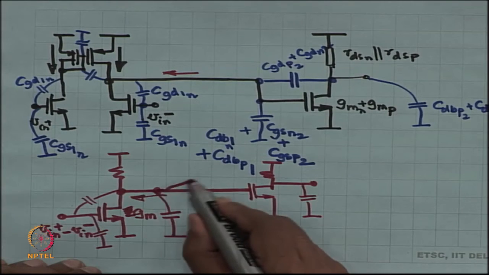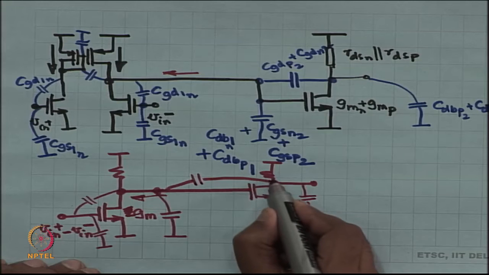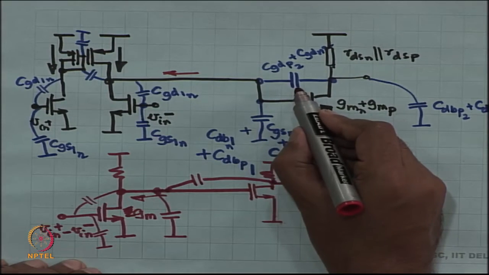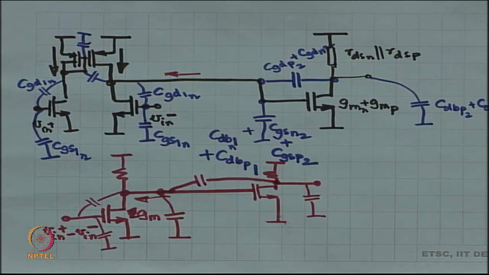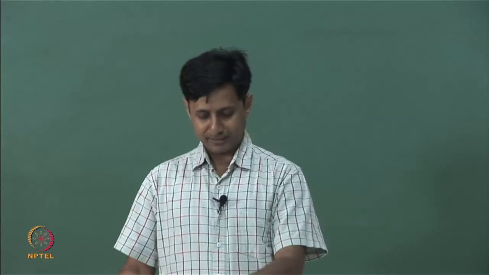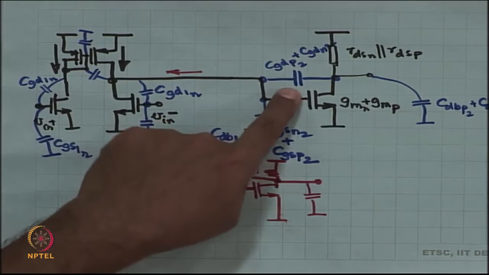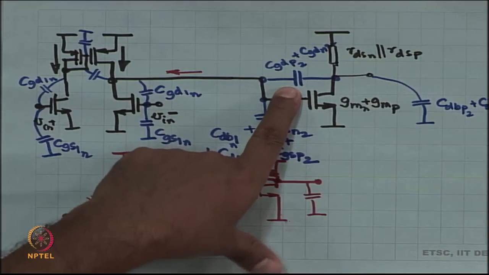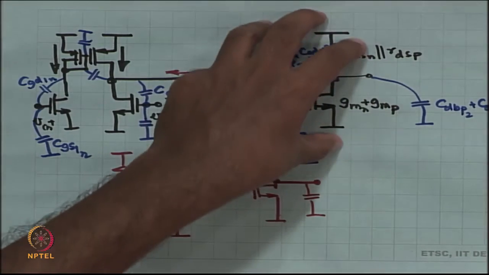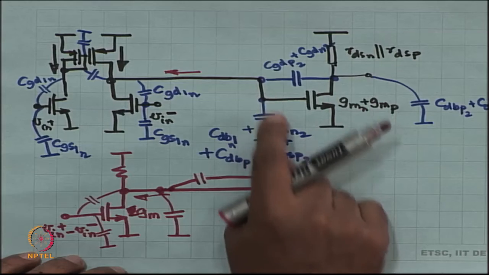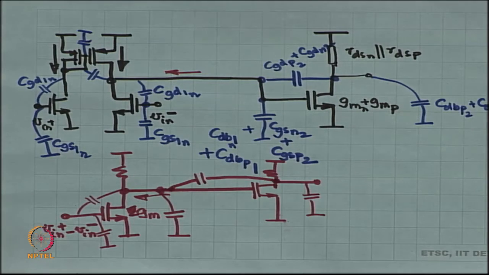By adding extra capacitance between these two nodes. There already was some capacitance, we need to add on to it. How do we figure out how much to add on? We can figure out by estimating the first pole with the Miller amplified second capacitor. We can figure out the second pole by assuming that these capacitors are short circuits at the very high frequency that we are talking about.